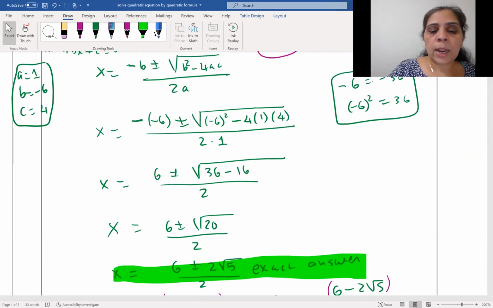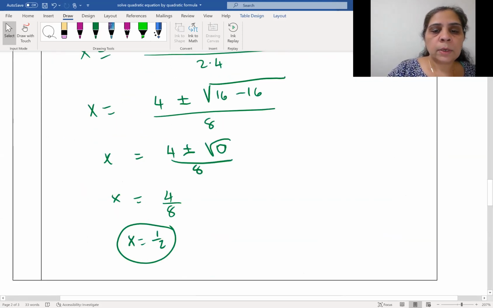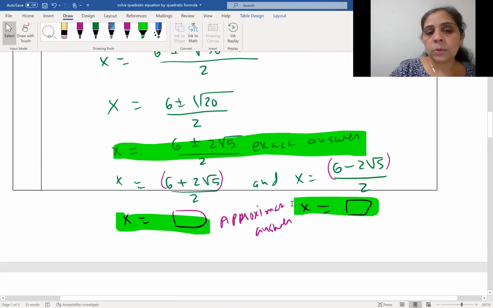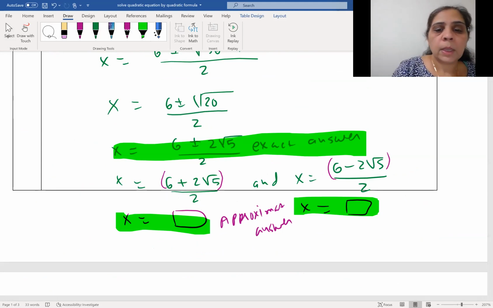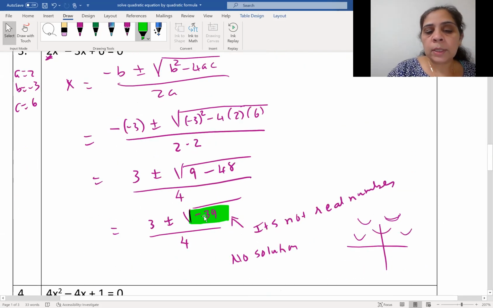So your graph crosses the x-axis at these two points. In the third one, the discriminant is negative, so there is no real solution.